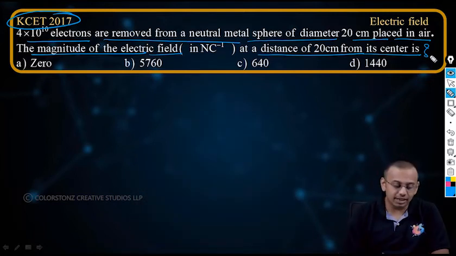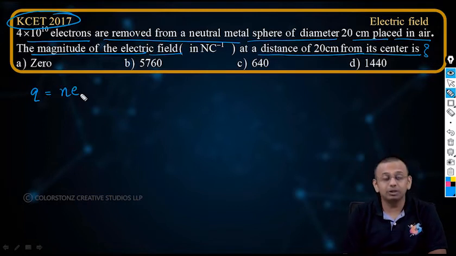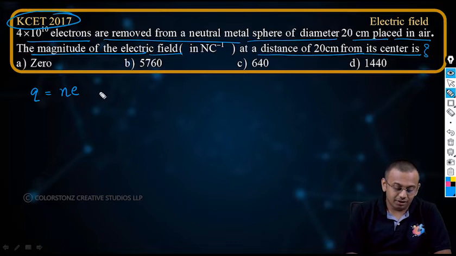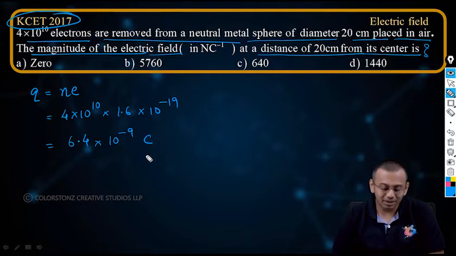And how much will that charge be? That we can calculate by Q equal to NE. Put the values 4 into 10 to the power 10 into 1.6 into 10 to the power minus 19. This will give 6.4 into 10 to the power minus 9 Coulomb.